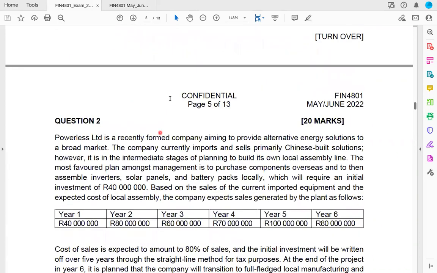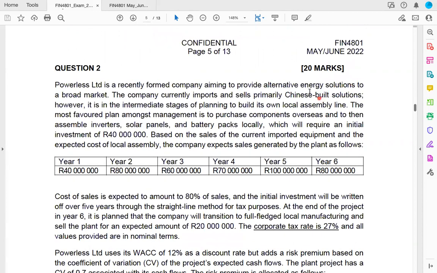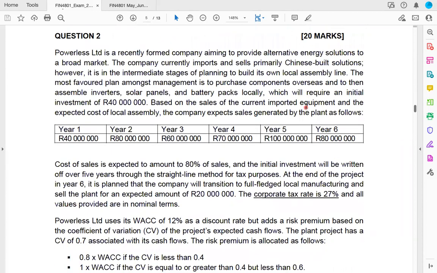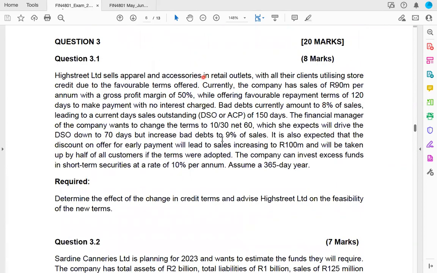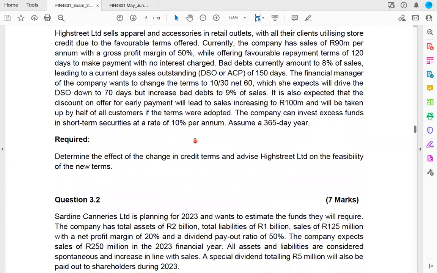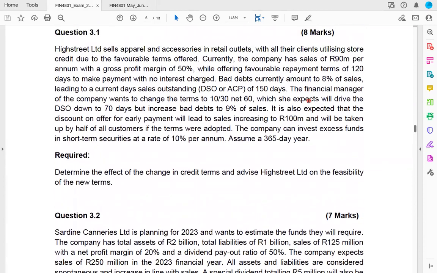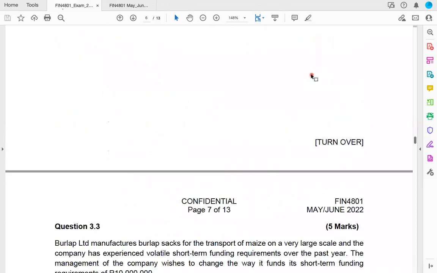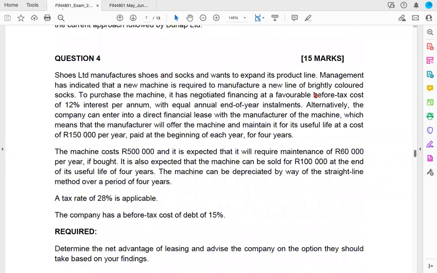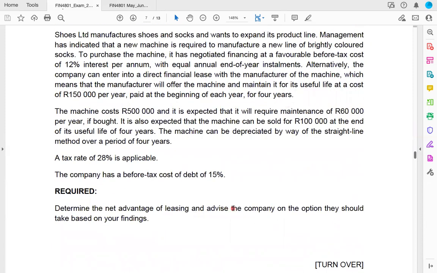And then usually there'll be a capital budgeting question. In this case, the capital budgeting question was a 20-mark question. Then you might get different types of questions. Question 3 is also 20 marks, but it's broken down into a number of questions for 8 marks, 7 marks, 5 marks, and so forth. Question 4 is a 15-mark question on the net advantage of leasing.